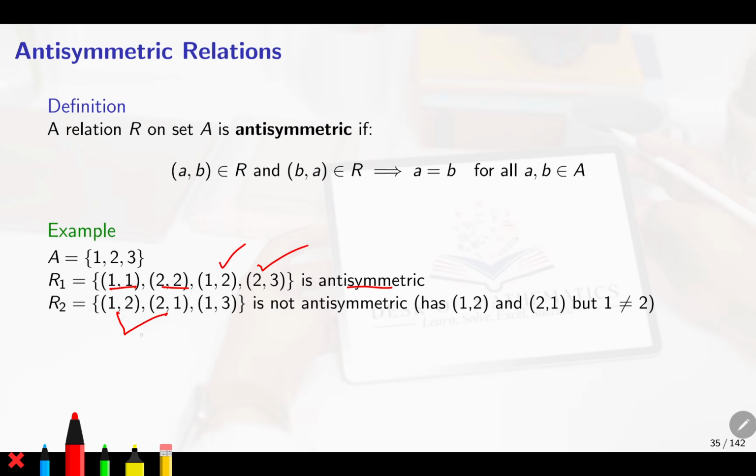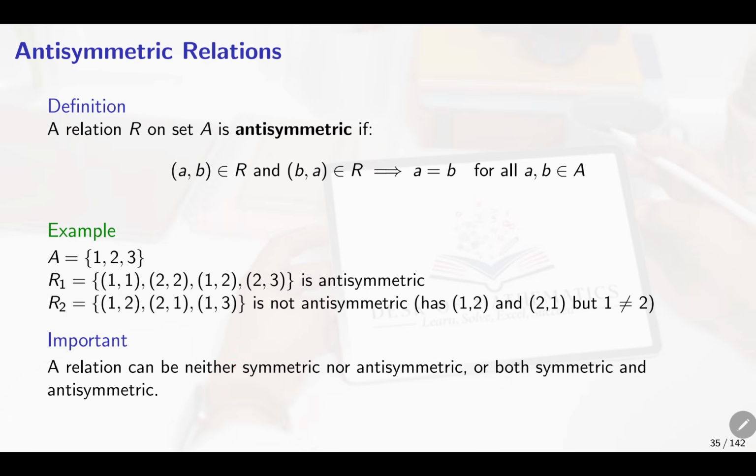In R2, (1, 2) is there, (2, 1) is there, but 1 is not equal to 2, so it is not antisymmetric. Antisymmetric means they can be symmetric only when they are the same. So R2 is not antisymmetric.